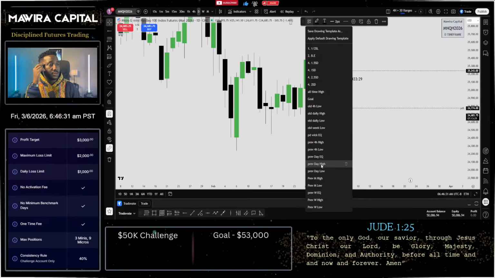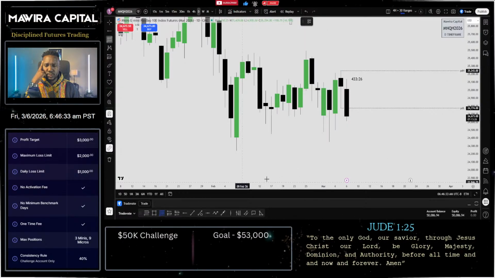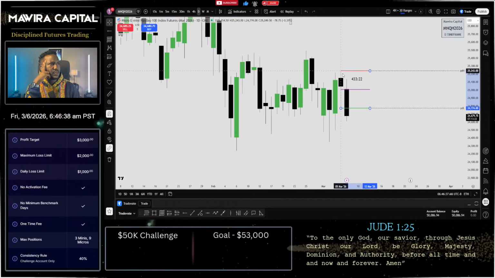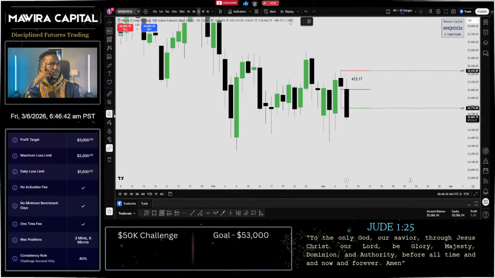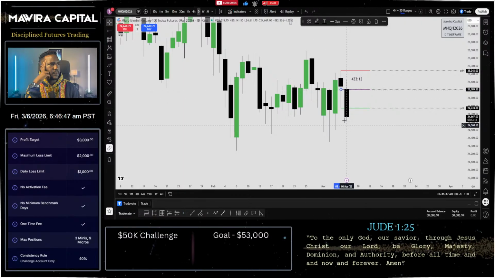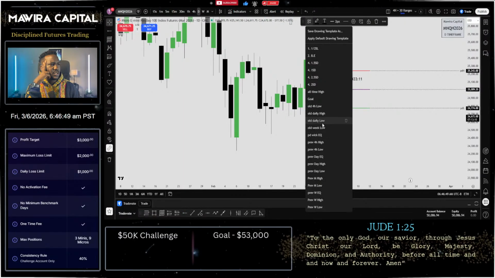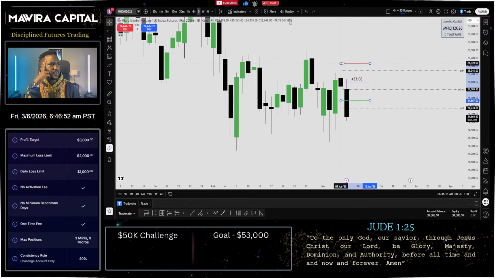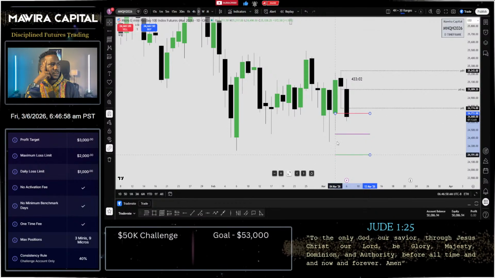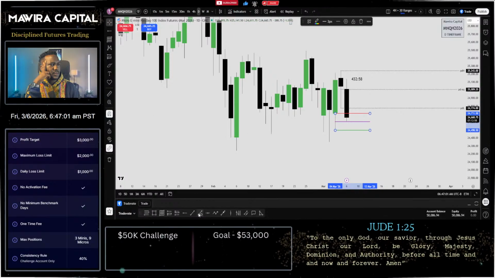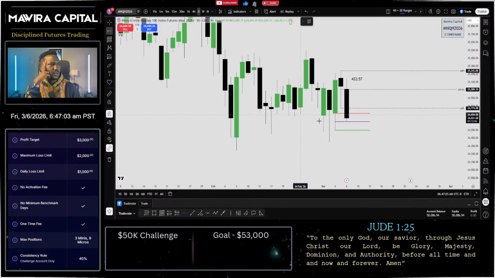Let me put these things together. I like to have the EQ level, previous day EQ. And then I do like this wick here. Let's do some dissection.